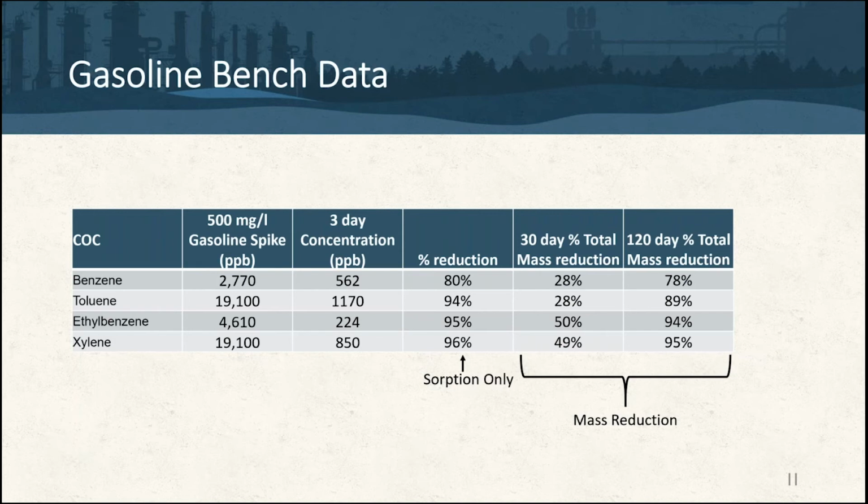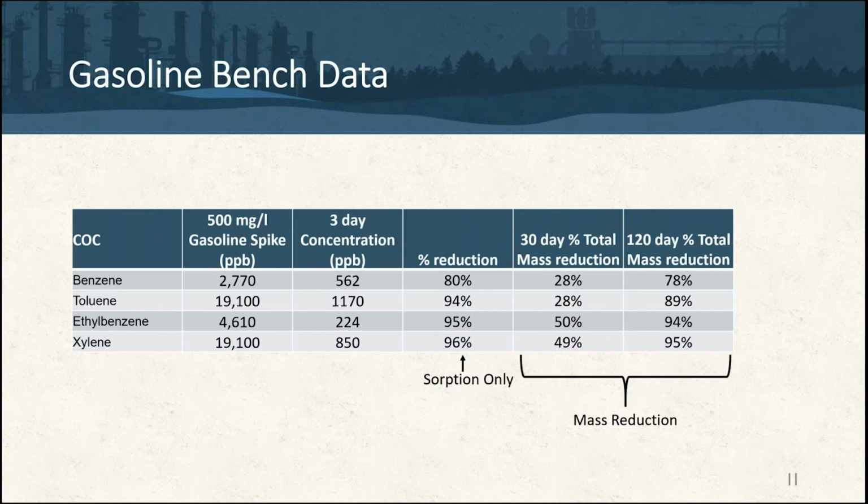That doesn't tell us the whole story, right? That's just the trap. And you look at these last two columns here, the 30-day and 120-day total mass reduction. These are when a complete mass balance was done, including stripping all of the remaining hydrocarbons that were adsorbed onto the activated carbon. And so you see at 30 days, we've got a 28 to 50% reduction in total mass, and then 78 to 95% at 120 days.